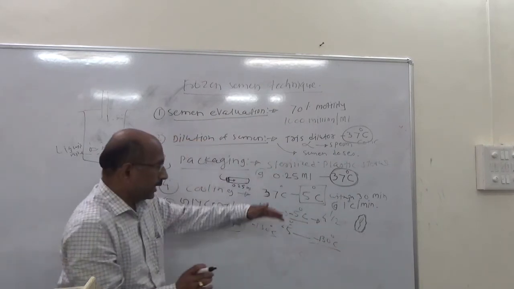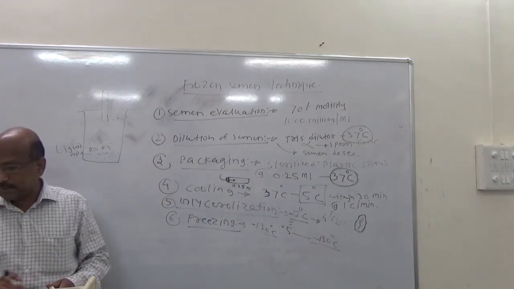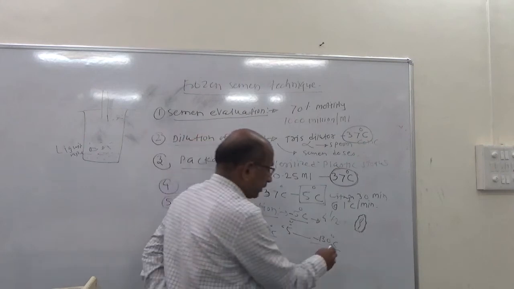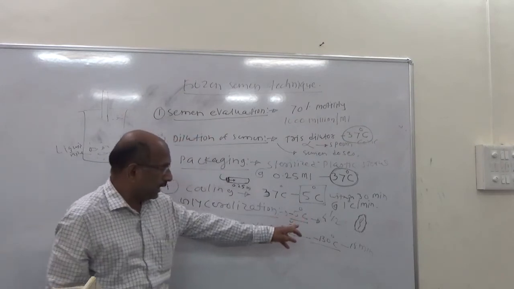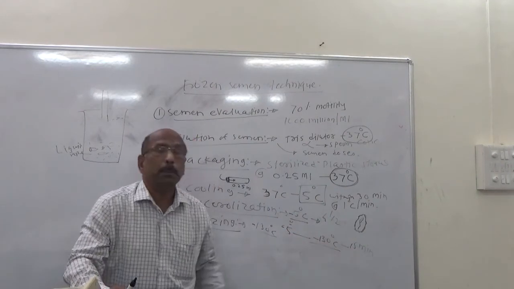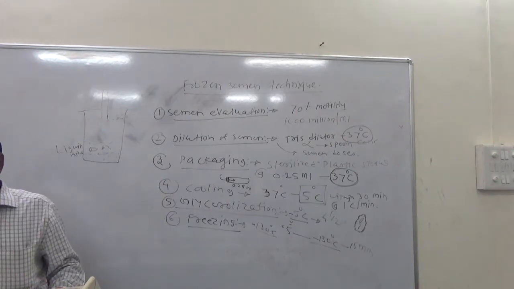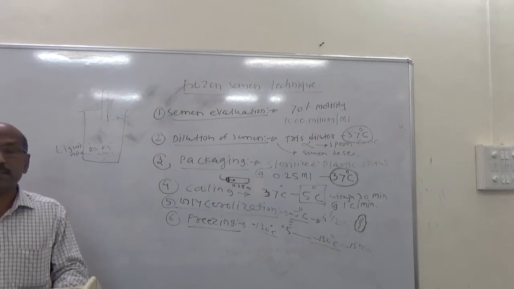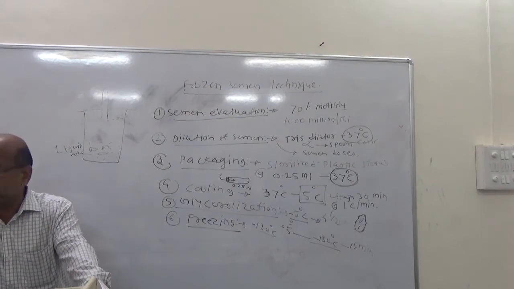Here the temperature is reduced from plus 5 to minus 130 degrees centigrade within 15 minutes. This is also important. Fast freezing should be avoided because of injury to the sperm.